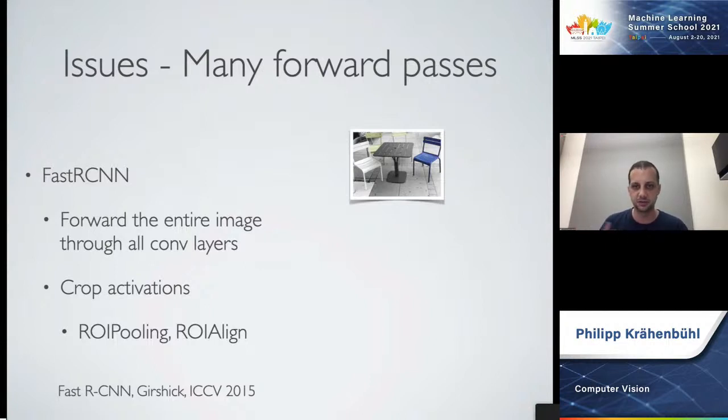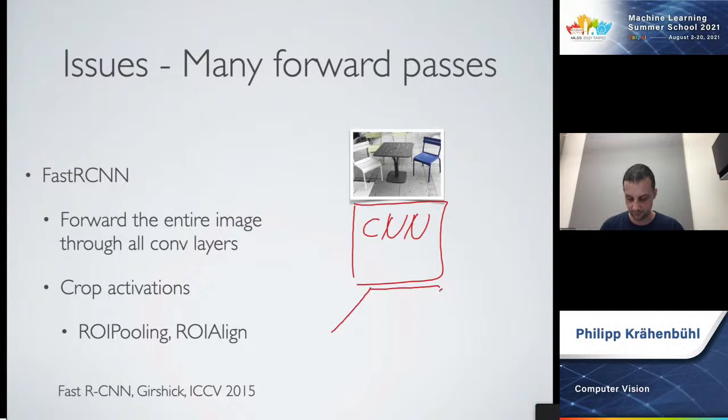And so a much better way to do this is to first feed the image through a CNN and then crop out. If you feed it through a CNN, you will get some activation map, which you can think of as abstract features, and then you crop out these abstract features and just have a very lightweight classifier on top.